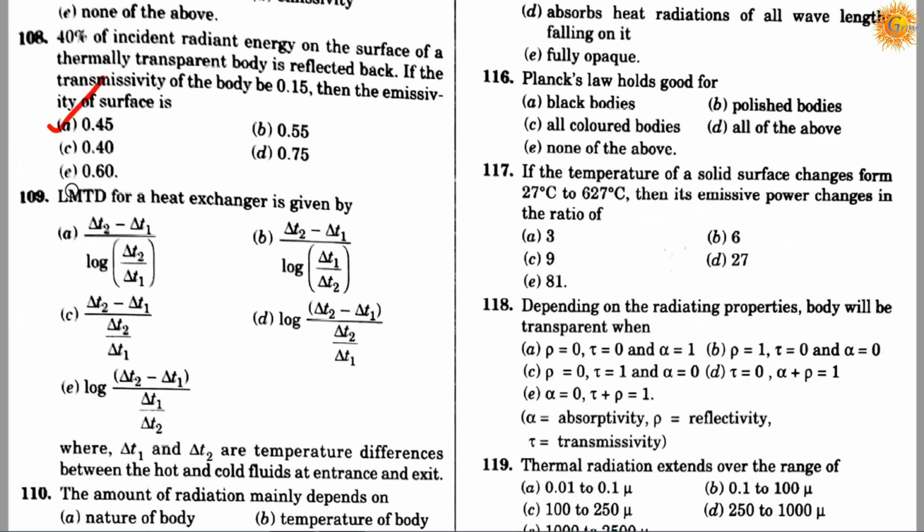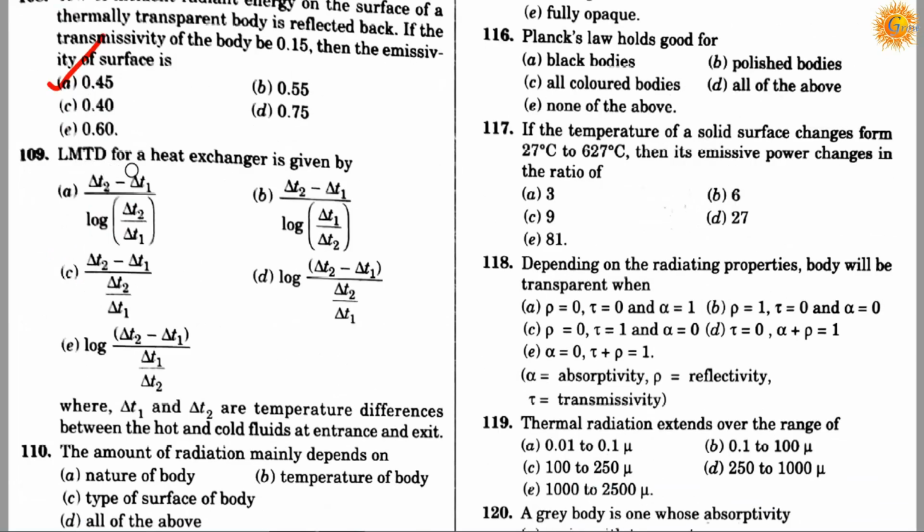Question number 109. LMTD for a heat exchanger is given by option A, delta T2 minus delta T1 divided by log delta T2 divided by delta T1. Option B, delta T2 minus delta T1 divided by log delta T1 divided by delta T2. Option C is delta T2 minus delta T1 divided by delta T2 divided by delta T1. Option D is log delta T2 minus delta T1 divided by delta T2 divided by delta T1.